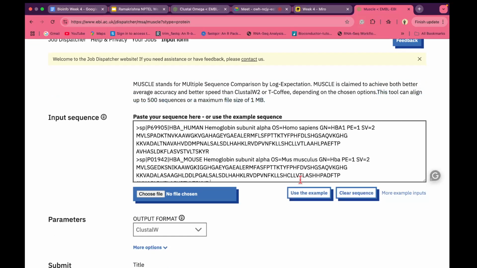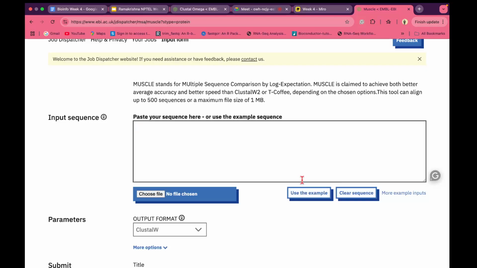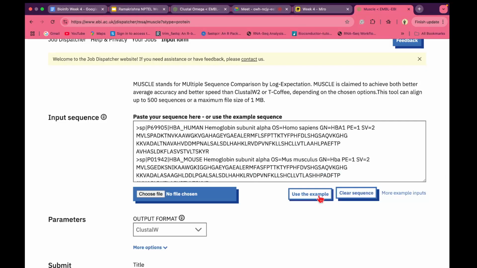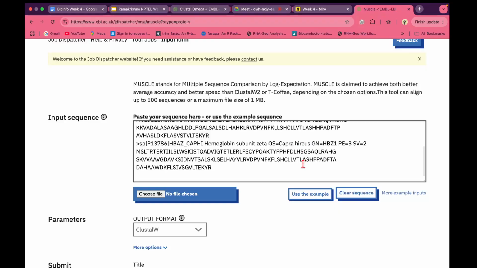Similarly here, again I'm using the example sequences, that is, similar sequences to what we aligned previously.